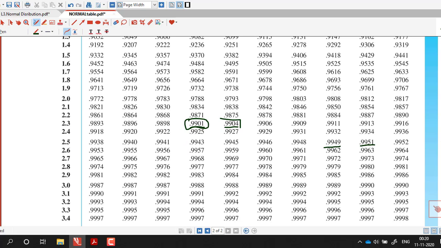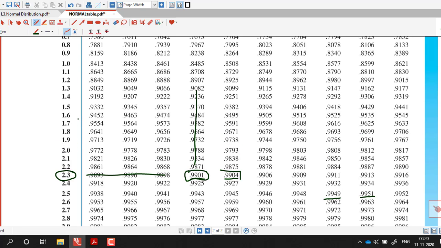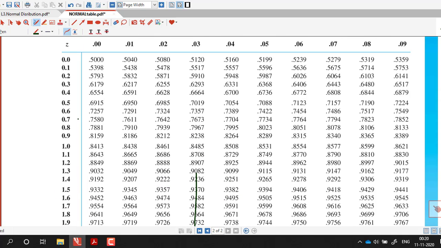So now we find the corresponding value of z. For this value we have to look in this row and in this column. Here we have 2.3, and if we extend this column, we can see it is 0.03.